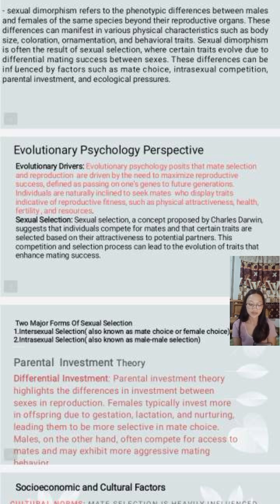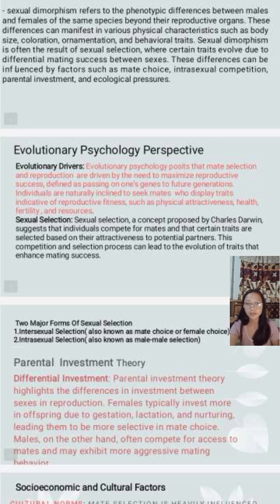These differences can manifest in physical characteristics such as body size, coloration, ornamentations, and behavioral traits. Sexual dimorphism is often the result of sexual selection, where certain traits evolve due to differential mating success between sexes. These differences can be influenced by factors such as mate choice, intrasexual competition, parental investment, and ecological pressures.